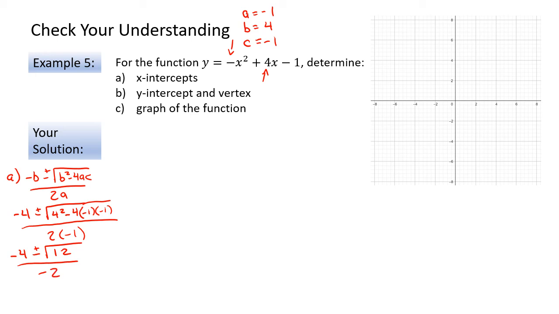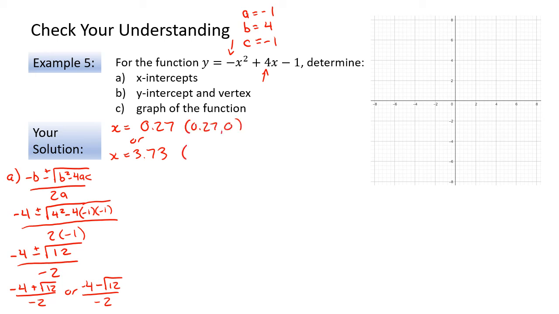So we end up with either negative 4 plus the root of 12 over negative 2, or negative 4 minus the root of 12 divided by negative 2. If we solve this, x is equal to either 0.27 or 3.73. So our coordinates are 0.27 and 0, and 3.73 and 0.